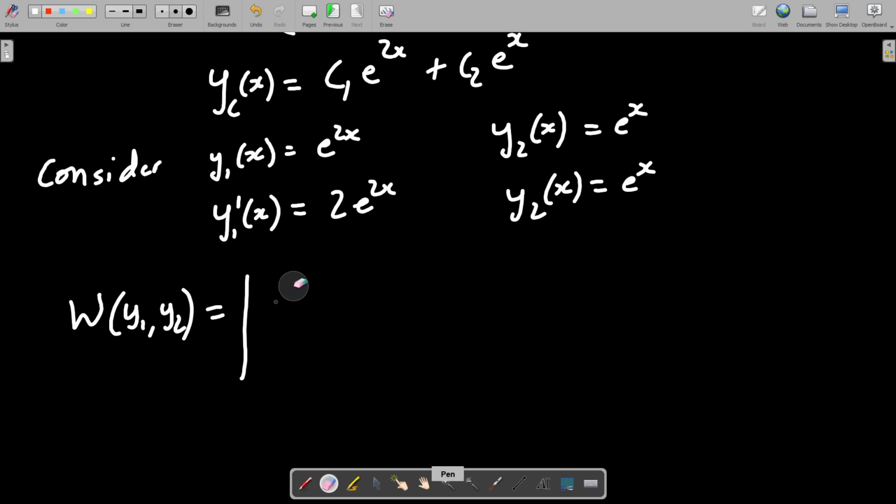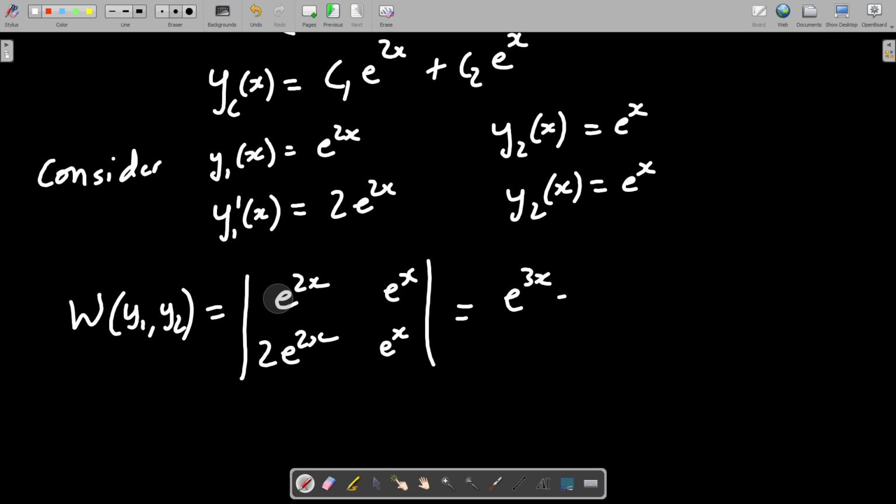Anyways, let's continue. So this is going to become e raised to 3x minus 2 times e raised to 3x, which will leave you with minus e raised to 3x. This is your Wronskian.